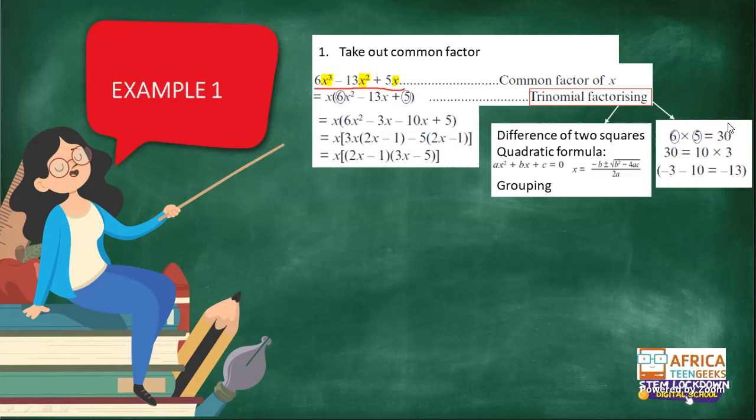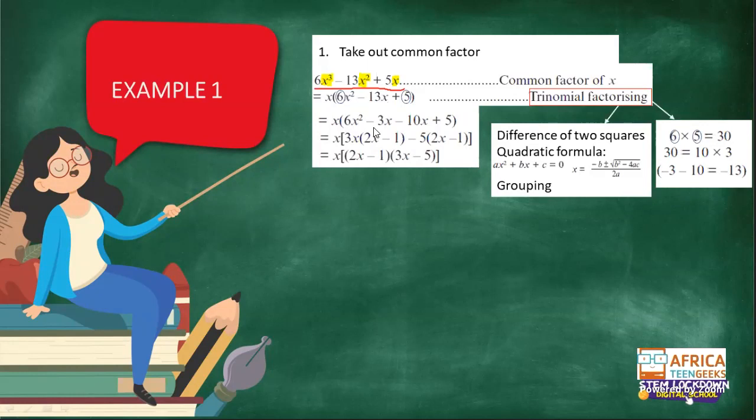If you are using this method where you multiply the coefficient of your x squared and the last term, which is your constant term, and you find the factors of that 30 that will give you the middle term, then this is what you would have.